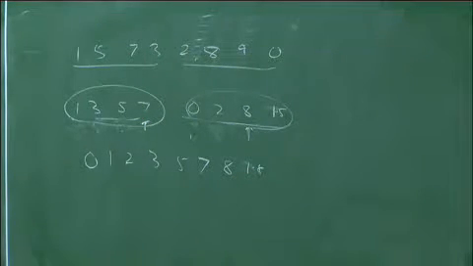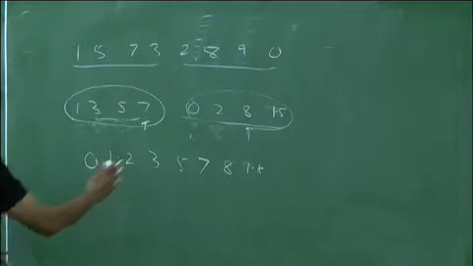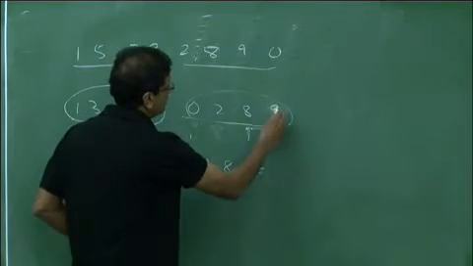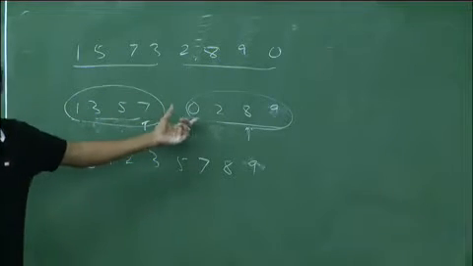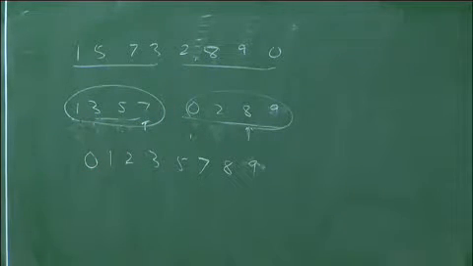So this only works because these two sublists were already sorted. I was guaranteed that when I pick the minimum of the two, that is the overall minimum, and then you look for the second minimum by comparing the smallest remaining elements on either side.